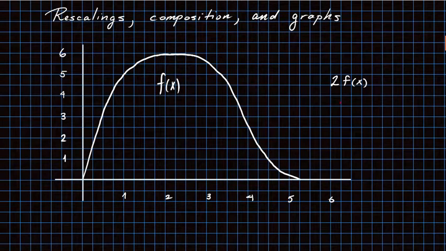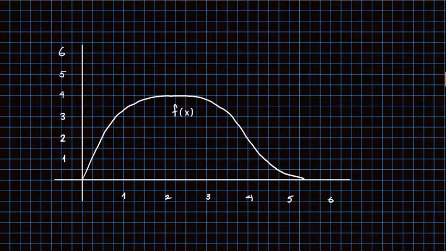So the result of this is stretch vertically by a factor of 2, keeping the zeros fixed. Okay, let's move on to a different example.